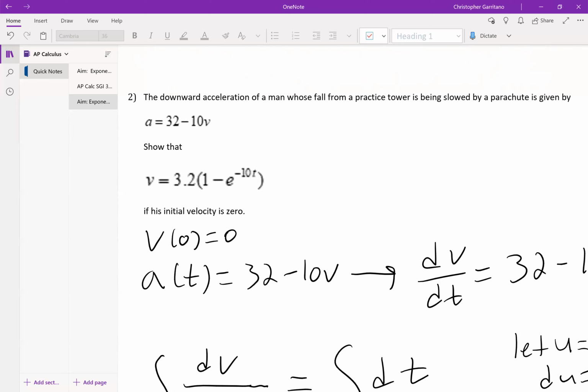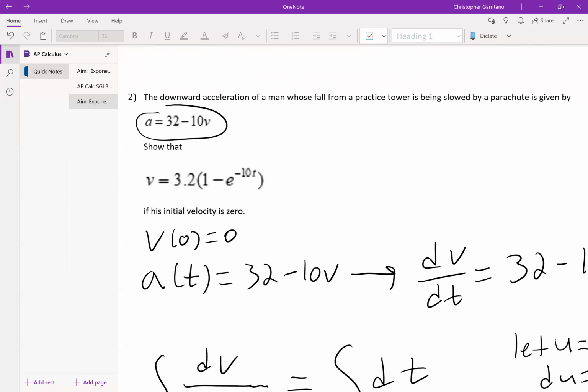But notice that it's actually written as a function of velocity. Our job is to show that the velocity function over time is equal to 3.2 times 1 minus e to the negative 10t. And we're also told that the initial velocity is 0.